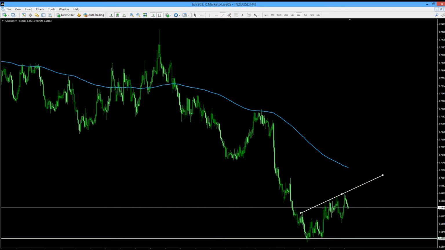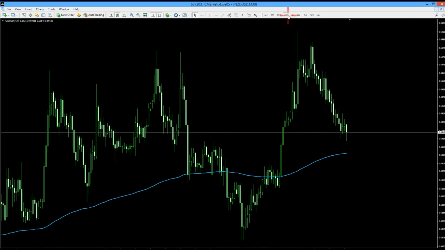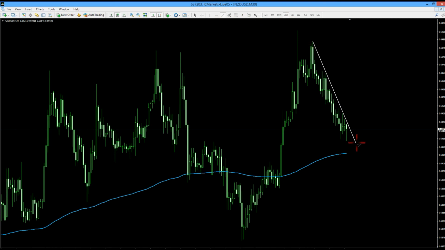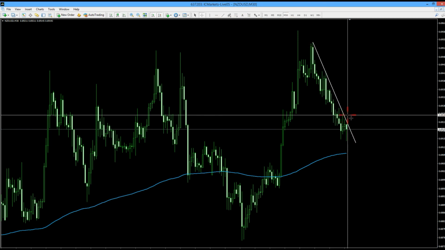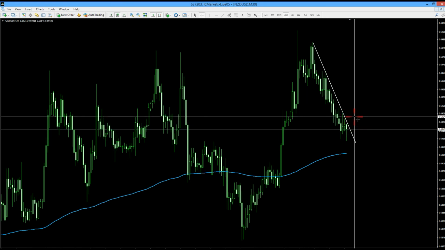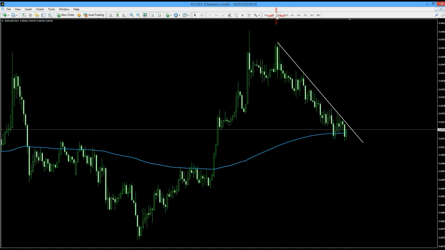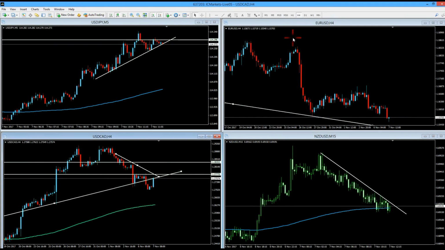We'll look at lower time frames. Preferably you want this asset to break up here before you would attempt to go bull call options on this asset. For now it's making lower lows and lower highs, and the CAD.